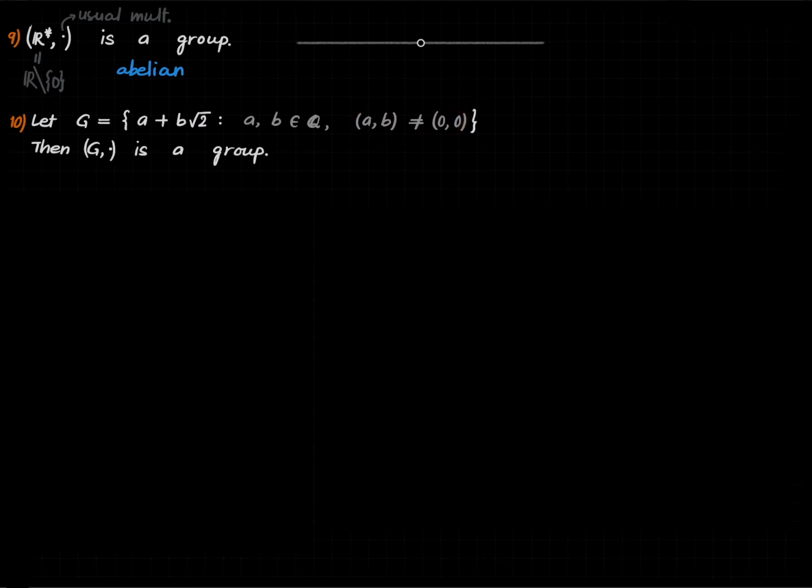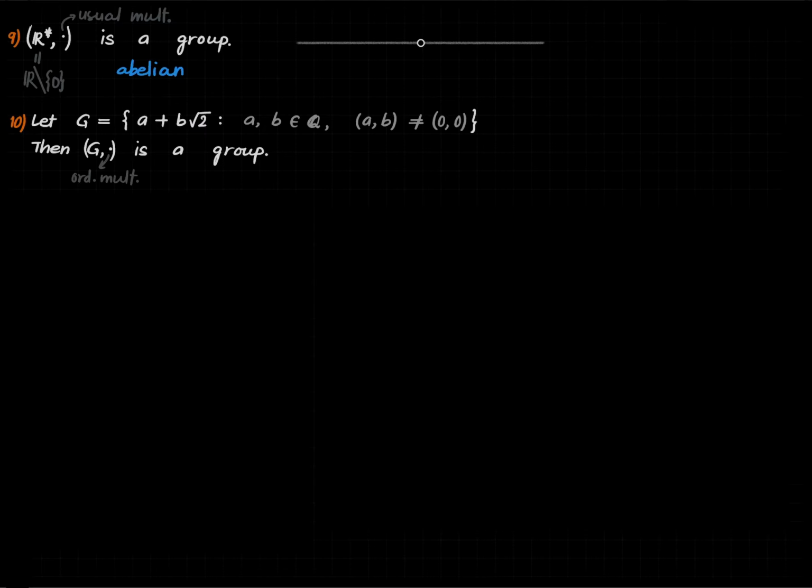So the real number 0 is not here. Okay, this contains only non-zero things, but not all non-zero things, just these kinds of things. And then we are saying that even that is a group under ordinary multiplication of real numbers.